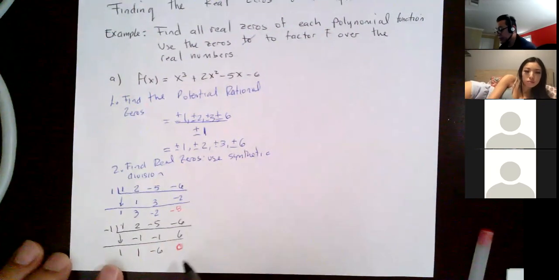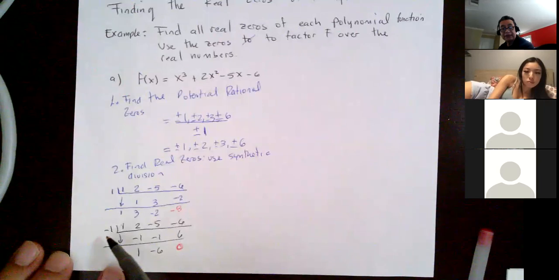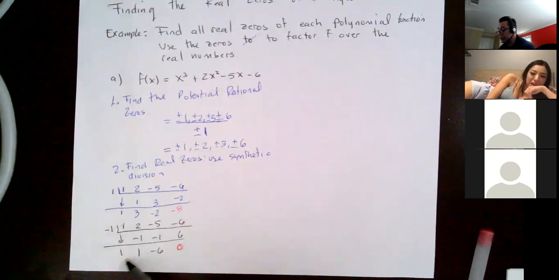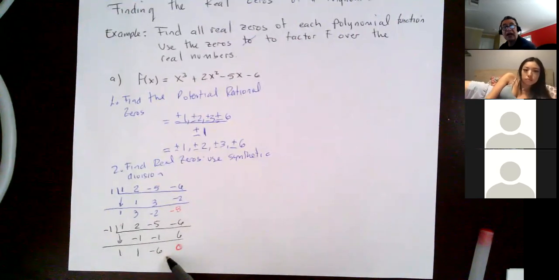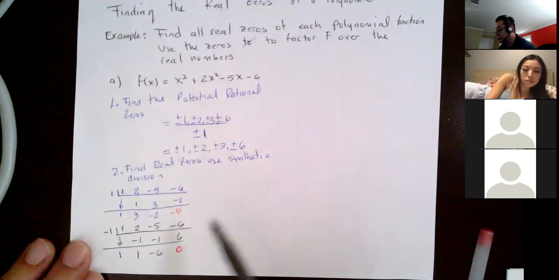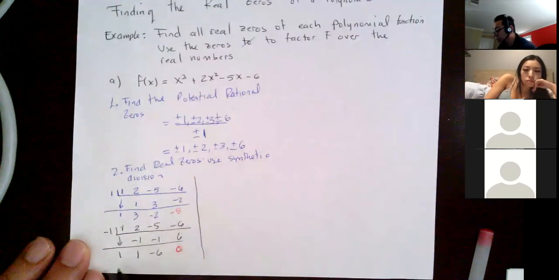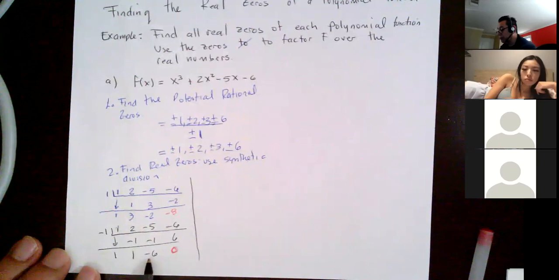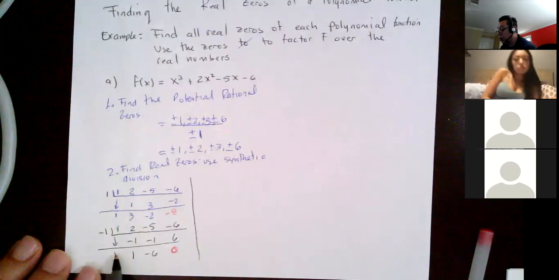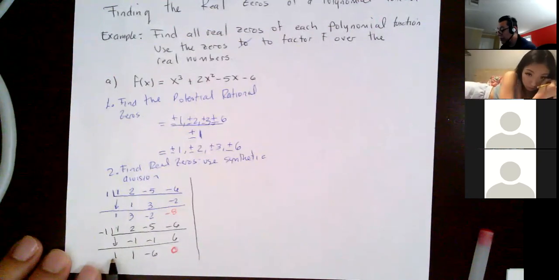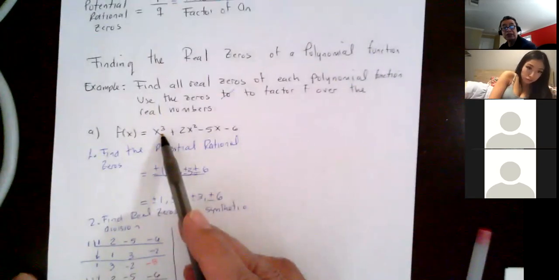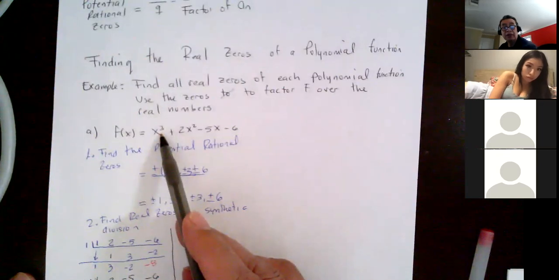Since we know that x equals -1 is a real zero, let's rewrite these numbers 1, 1, and -6 as a polynomial. To write them as a polynomial, we always write these numbers as a polynomial one degree less than the leading degree of the original polynomial.